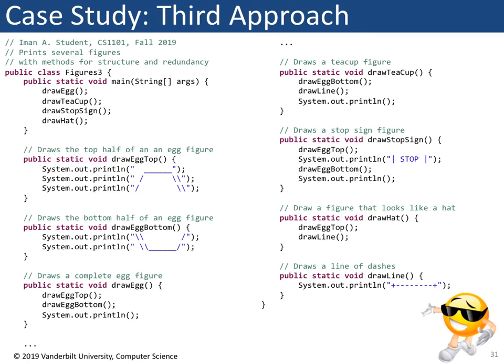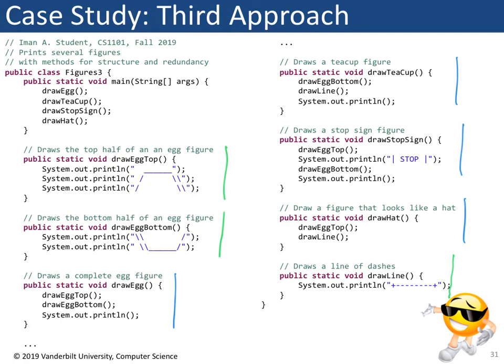So draw egg top, draw egg bottom, and draw line are sort of the smallest building blocks we'll use, and then we will use draw egg, teacup, stop sign, and hat to accomplish the overall functionality of each of the shapes.